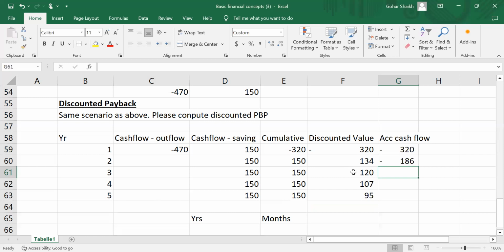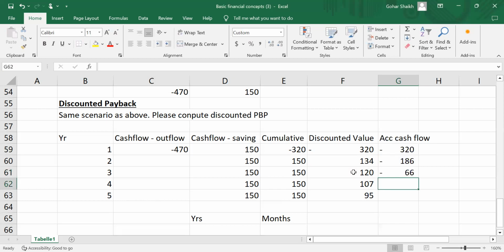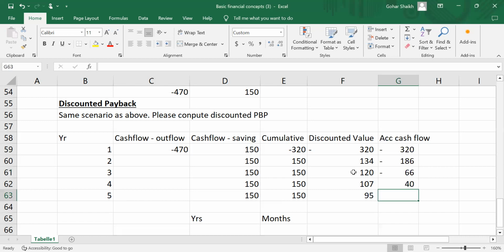Then for the third year, we'll get 66. So technically we reach break even between 3 and 4 years.